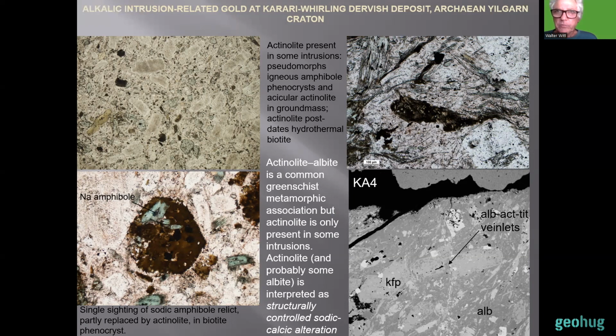But at Karari and Whirling Dervish, these assemblages are only locally developed. So rather than interpret the product as regional metamorphism, we attribute that to sodic-calcic alteration, which is a common form of alteration in some intrusive complexes and some intrusion-related hydrothermal systems.